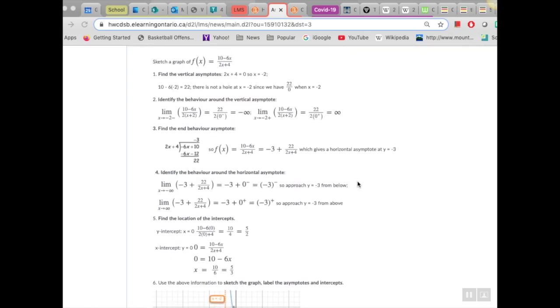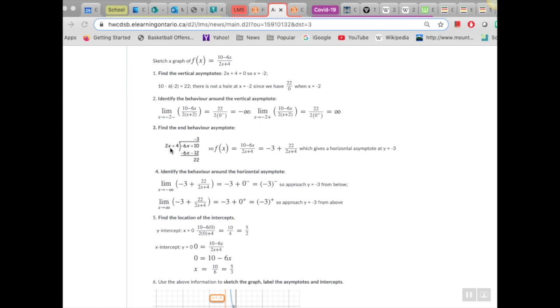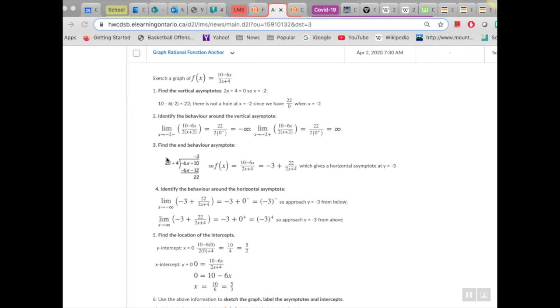To find the end behavior asymptote, there was the long division, but I also said, well, this one's going to be a bit harder to split it up, but it doesn't mean we can't do it. But this one would be harder to use that other technique I showed you, because I would then have to take a 3 out of there, -3, and write that as 2x minus 10/3.